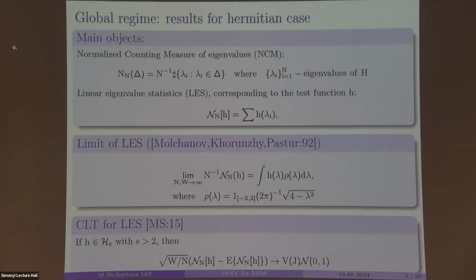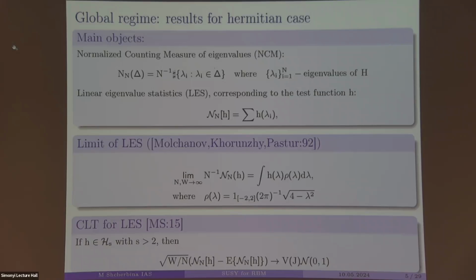But now it depends on this. Again, if W and n tend to infinity, then you obtain this result. And to obtain this result in the Hermitian case, we need to use some methods like moment methods or resolvent methods. In fact, both these results were obtained with resolvent methods.